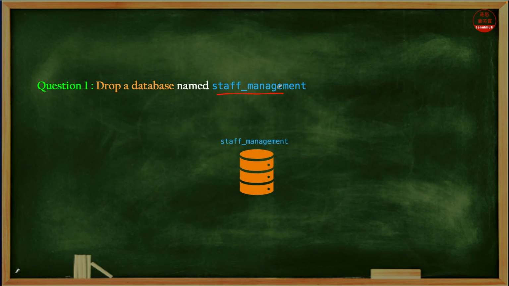In the exercise, our first question is we will try to drop a database named staff management. If you remember, we already created this database in our earlier assignment. Now we will drop this database, right?